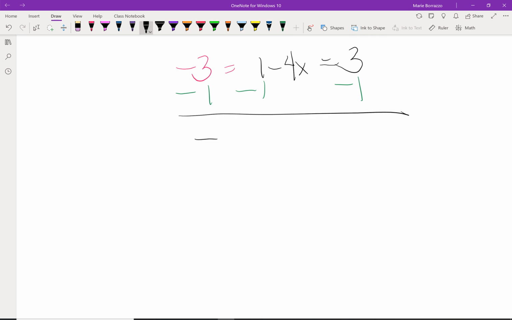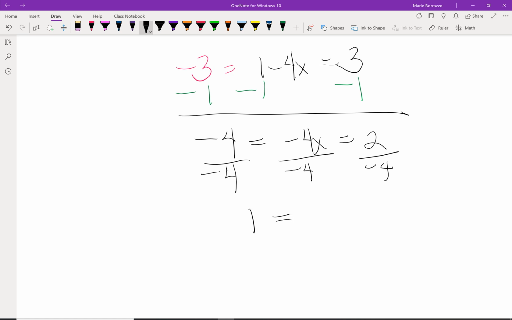That leaves you with negative 4 is equal to negative 4x, and that is equal to 2 on the right side. The next step is to divide by negative 4 on all 3 pieces, all 3 sides, all 3 terms. You're left with 1 is equal to x. X is equal to 1, and it's also equal to negative 1/2.